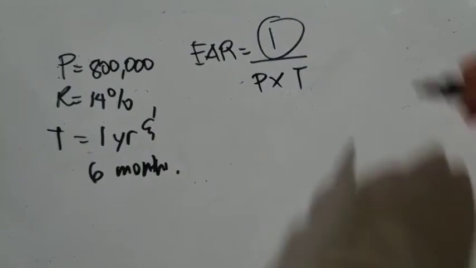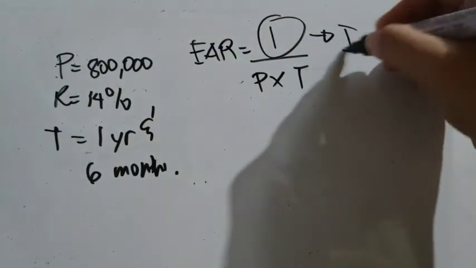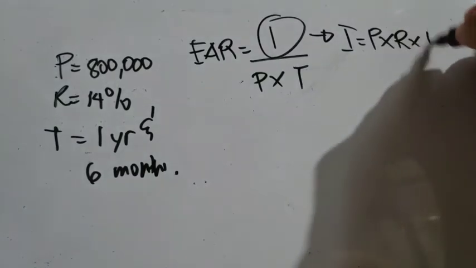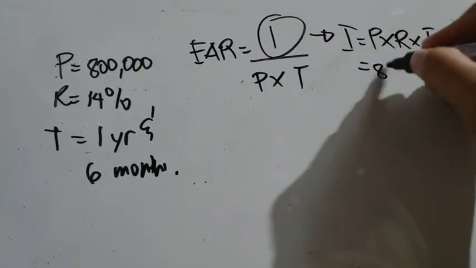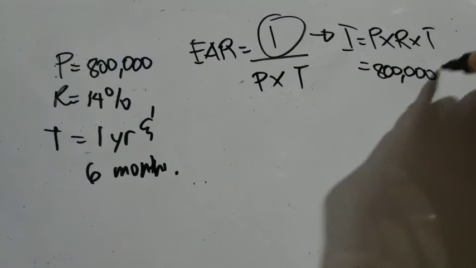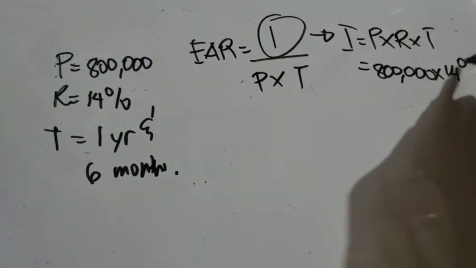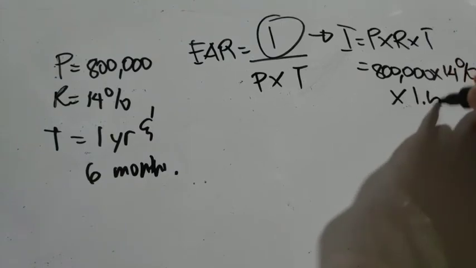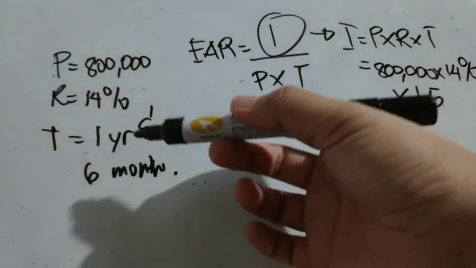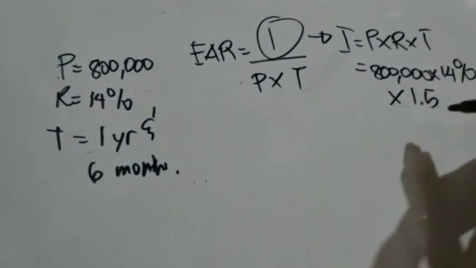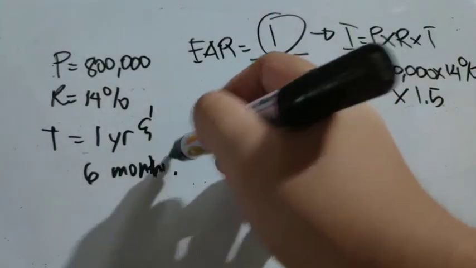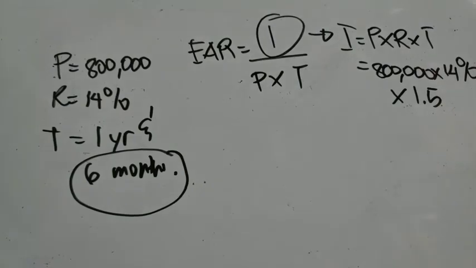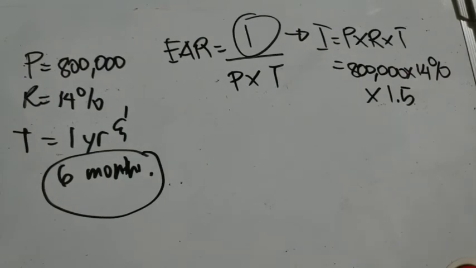You will get first the interest amount, which is the principal times rate times time. So, the principal is 800,000 times the rate of 14% times the time, which is 1.5, because as you can see, it is 1 year and 6 months. So 1.5, because 6 months is half of the 1 year. So you will use the 1.5.